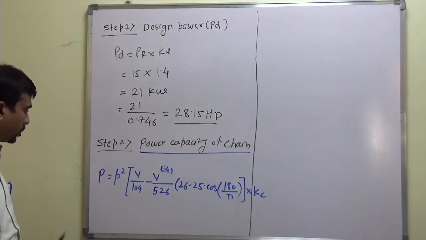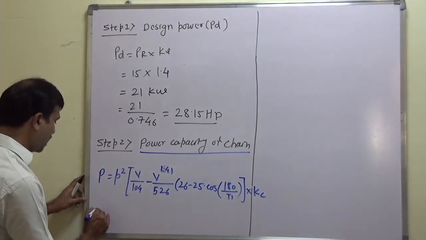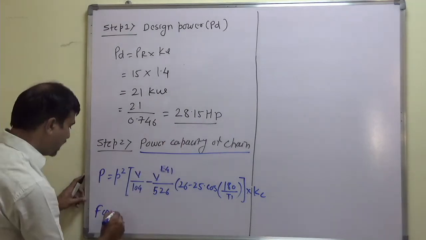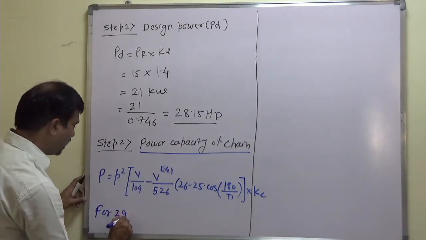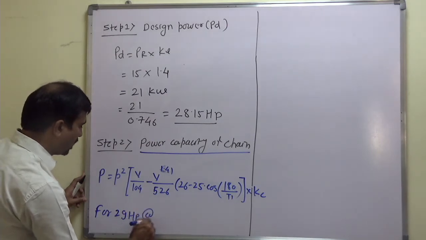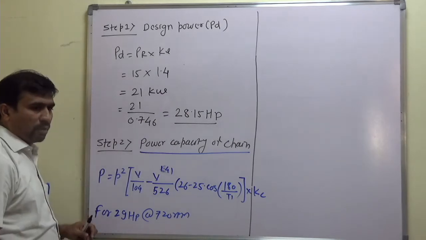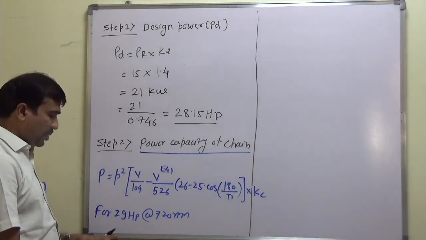Okay. So I am writing here, consider this as 29 HP. 29 HP at 720 RPM.